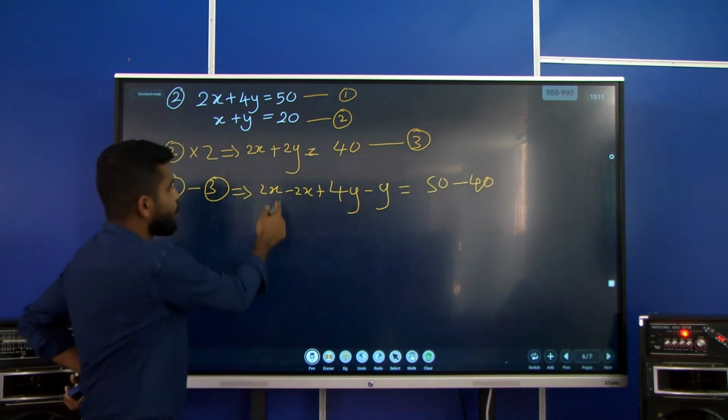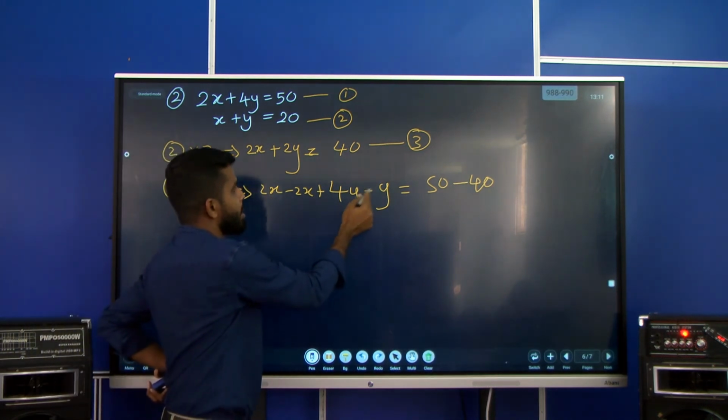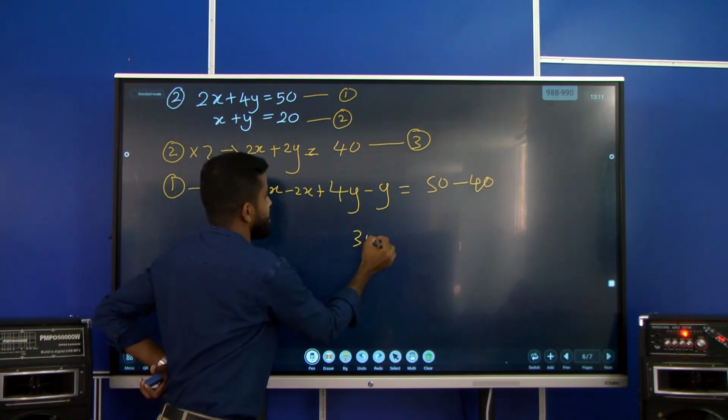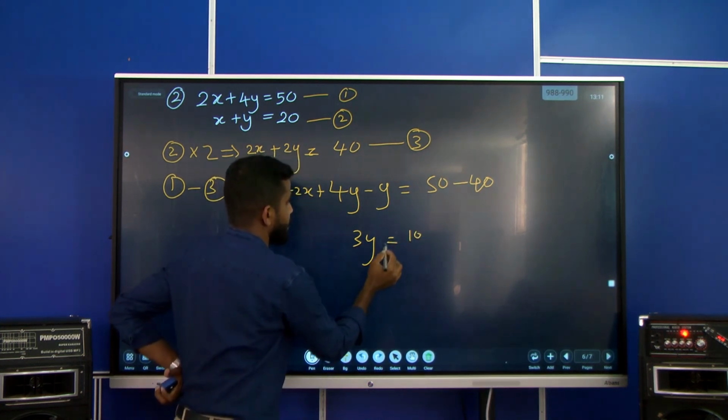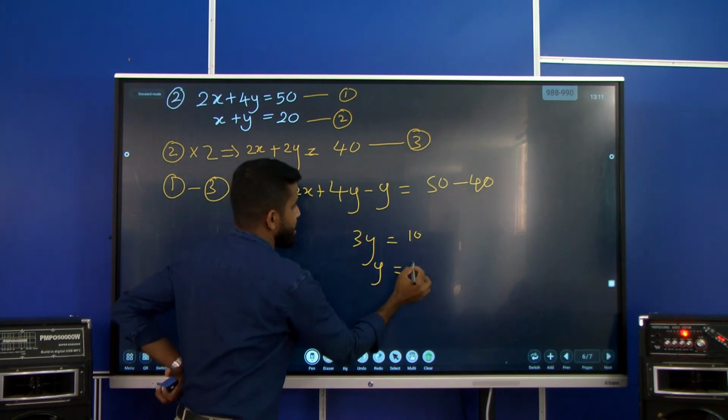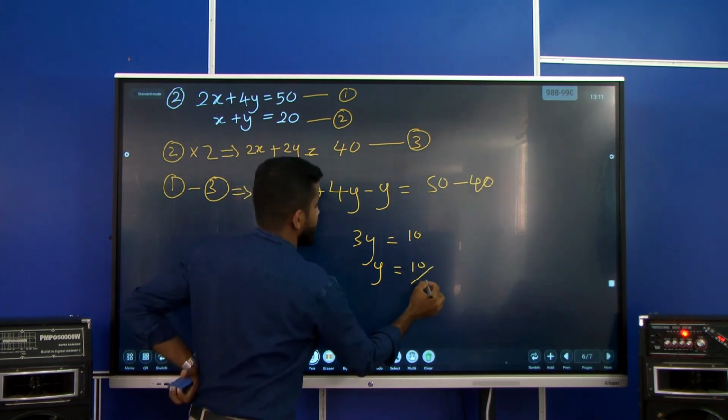So 2x goes off, 4y minus y equals 3y, which is equal to 10. If 3y is equal to 10, y is equal to 10 divided by 3.